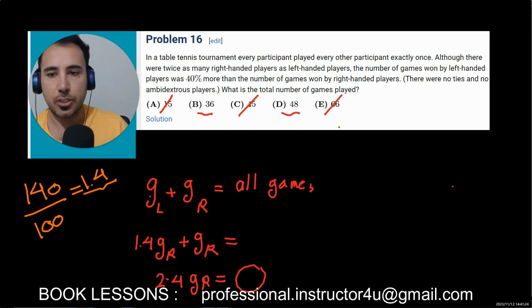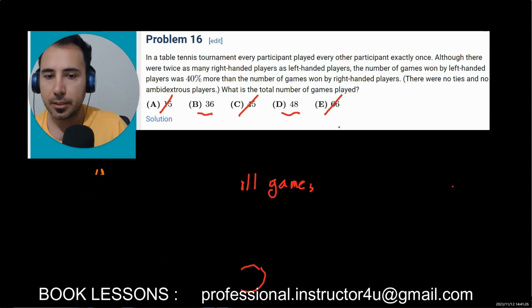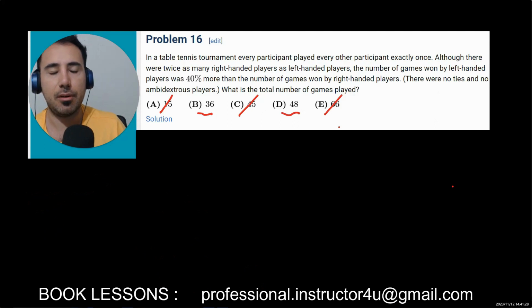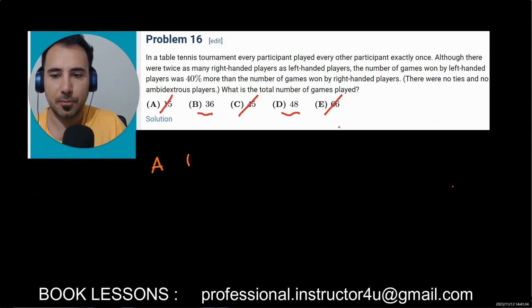Now, how many participants are allowed to be there? Imagine you only have two participants, A and B. How many games? One game. If we have three participants, A would play with B, A plays with C, and B and C play together.